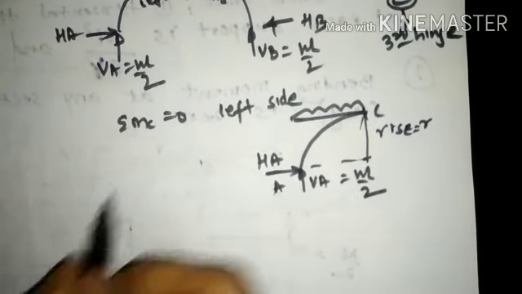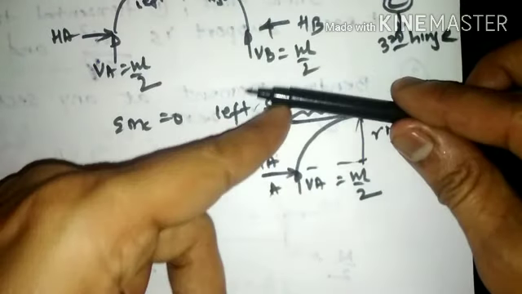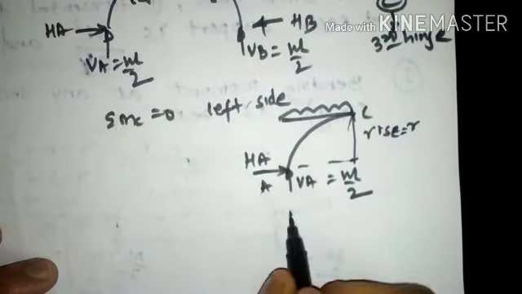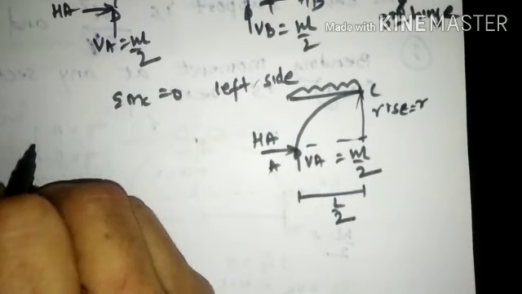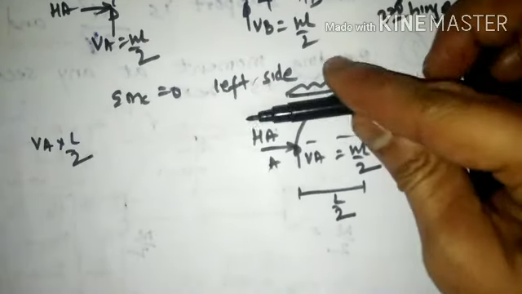Considering moment with respect to C, VA is acting upward and the distance between A and C is L by 2. So VA into L by 2, because VA with reference to C shall rotate in clockwise direction.